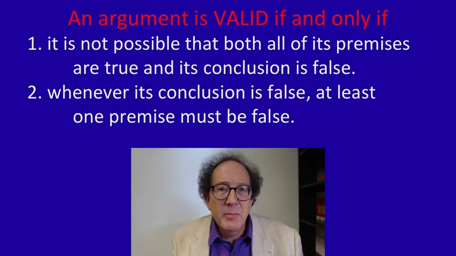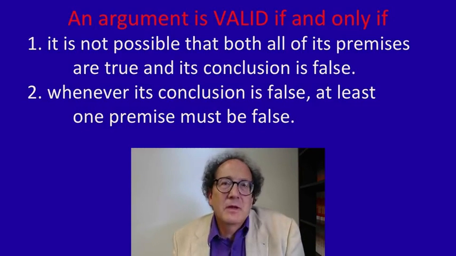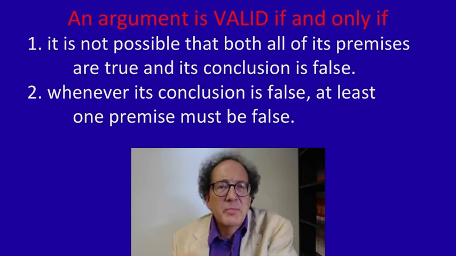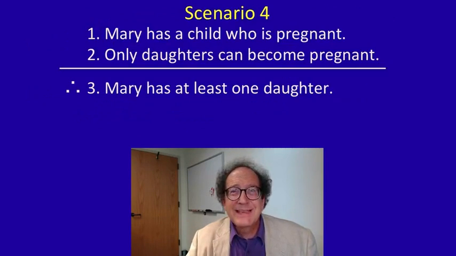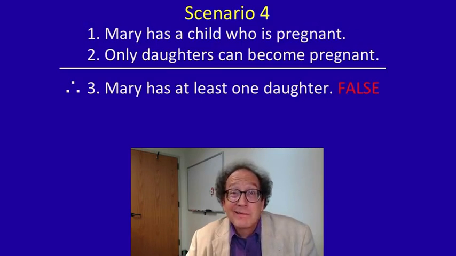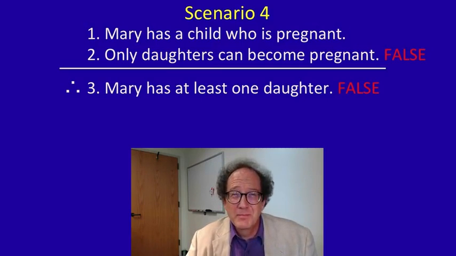Or in every possible situation, if the conclusion's false, one of the premises is false. We can apply this new account of validity to the same old example. It's got to be the case that if Mary doesn't have a daughter, then she doesn't have a child who is pregnant, or else there are at least some children who are pregnant who are not daughters.